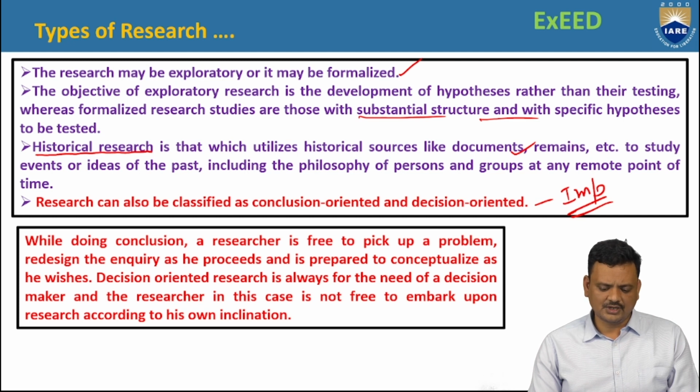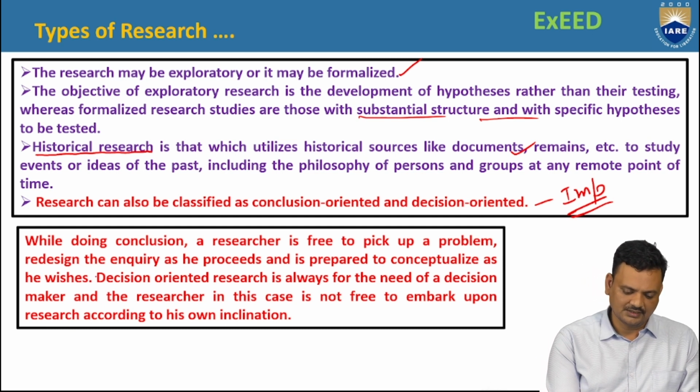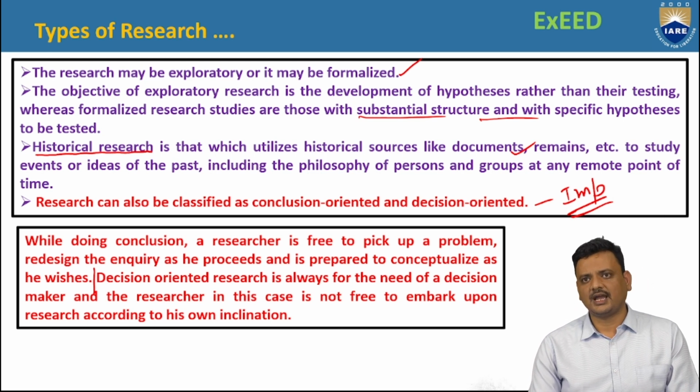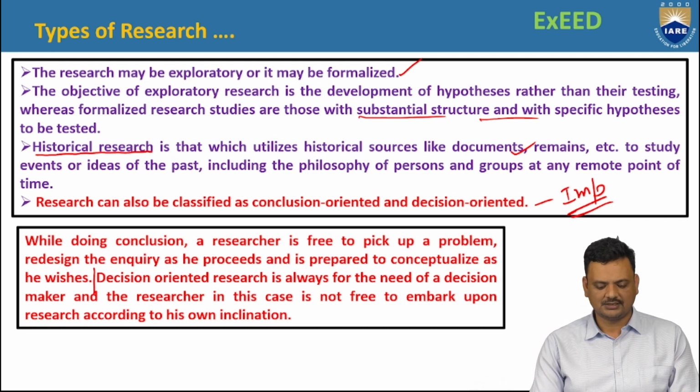Now, decision-oriented research is always for the need of a decision maker, and the researcher in this case is not free to embark upon research according to his own inclination. These are the differences between decision-oriented research and conclusion-oriented research.